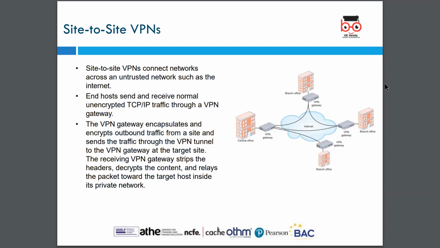The end host will send and receive normal IP traffic through our VPN gateway. Once this traffic has been created, the gateway can encapsulate the encrypted message and send the traffic through a VPN tunnel into a VPN gateway.